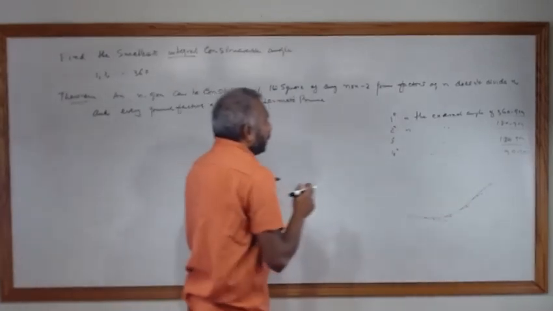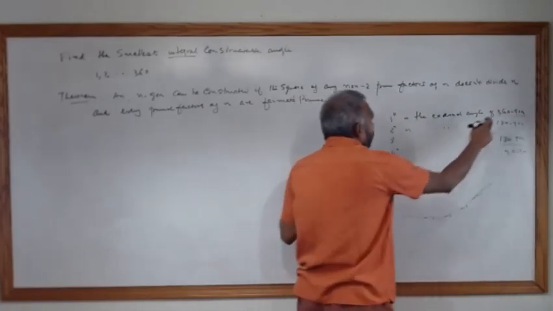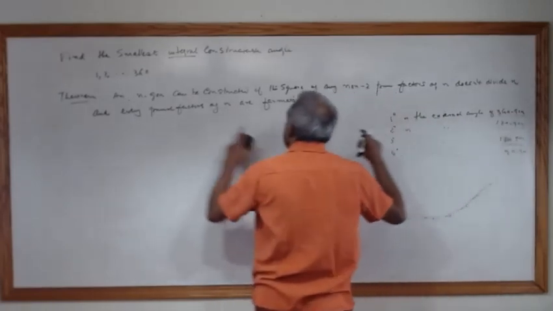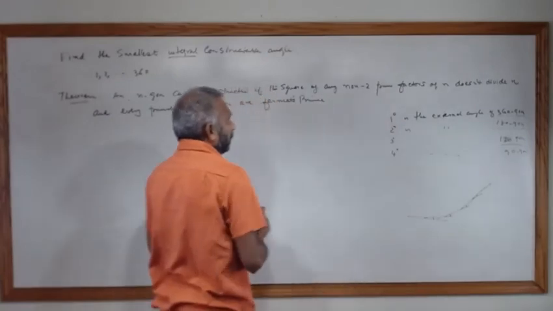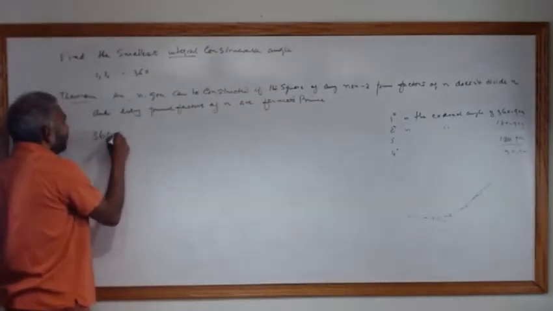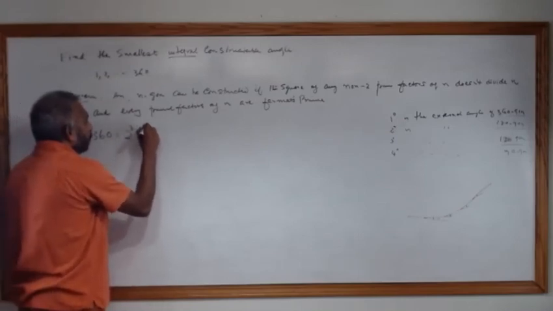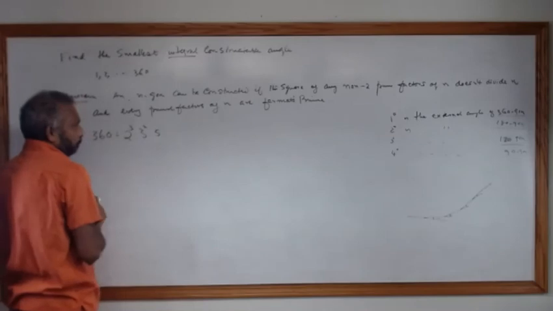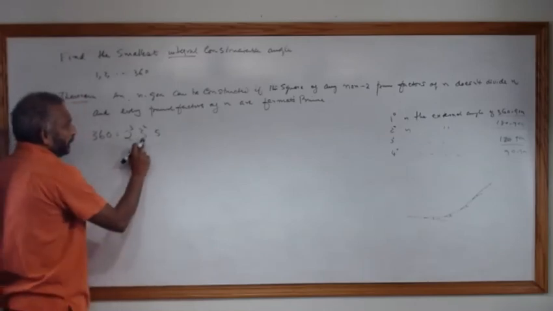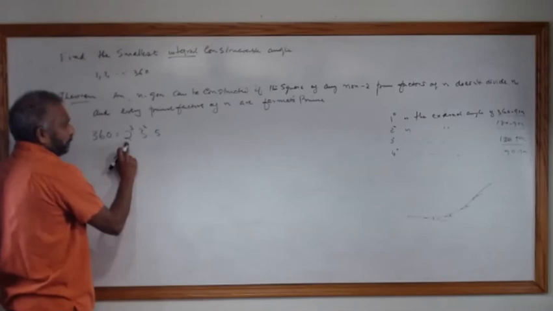So in order to find whether the 360-gon can be constructed, we need to find out if 360 satisfies all these conditions. So 360 is equal to 2 cube times 3 square times 5.